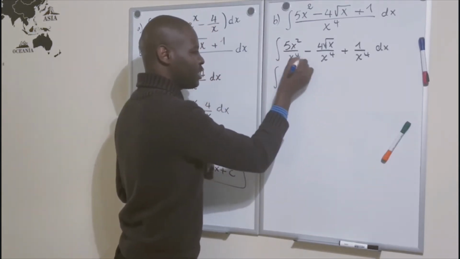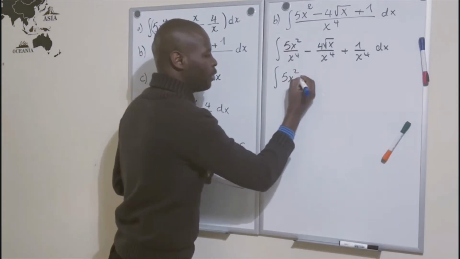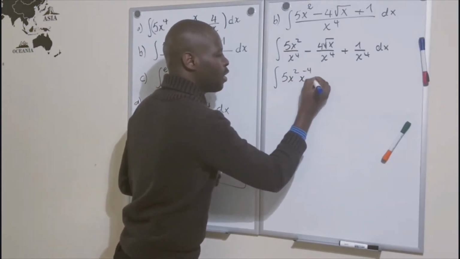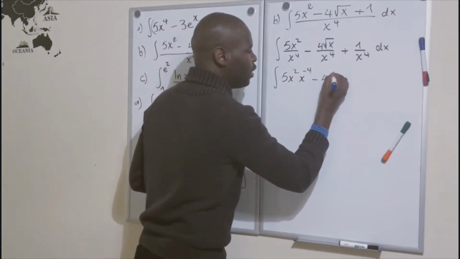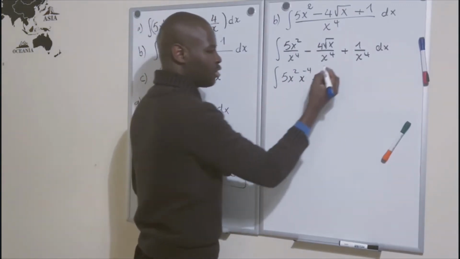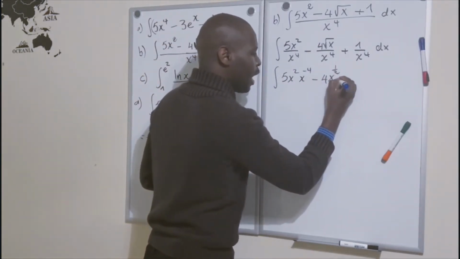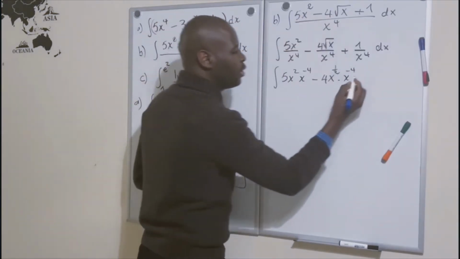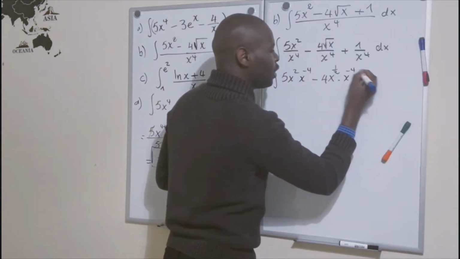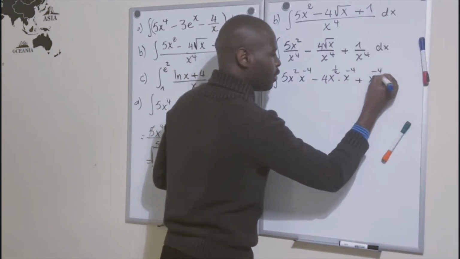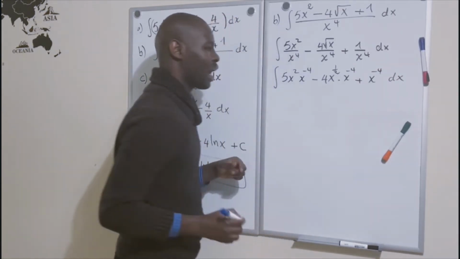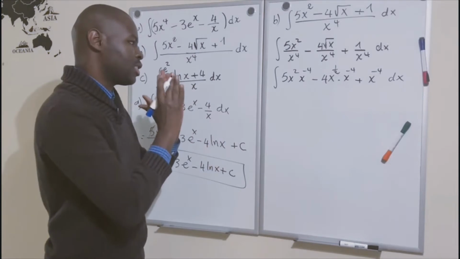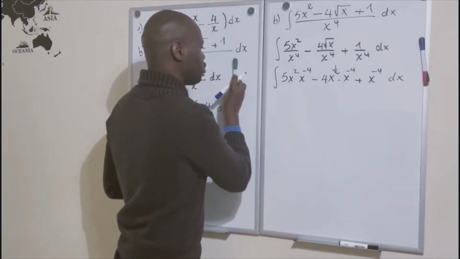Now if I take this x to the 4 up, it becomes x to the minus 4, minus 4. Now I know square root of x is x to the half. Now I multiply by x to the minus 4, again just taking this one up, plus 1 times x to the minus 4. Again, I'm not changing my integral. I haven't integrated anything. I'm just simplifying so it's easier to integrate.